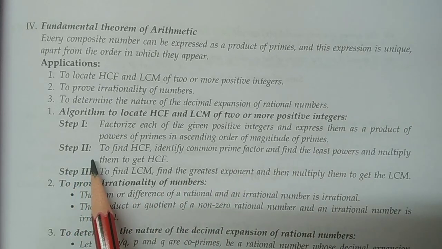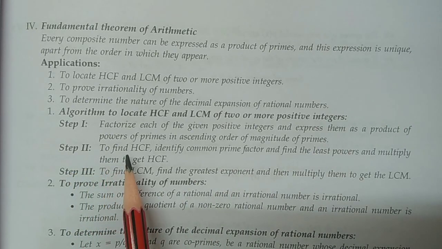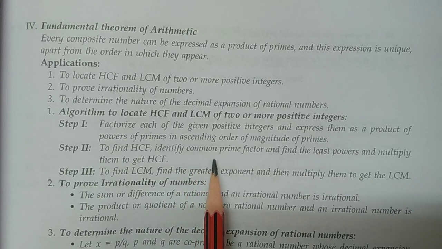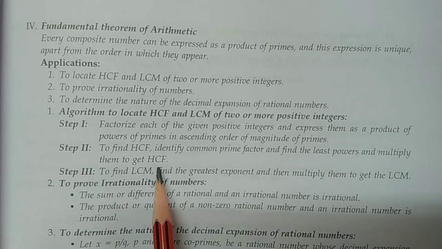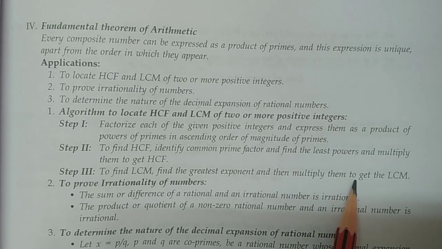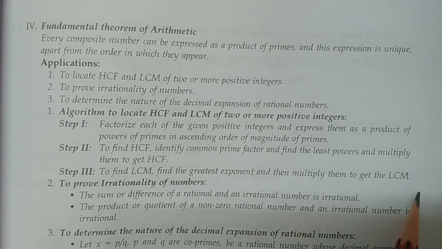Next, step 2. To find HCF, identify the common prime factors, find the least powers and multiply them to get HCF. Getting? Now step 3. To find LCM, find the greatest exponents and then multiply them to get the LCM. Getting? We have done from here.